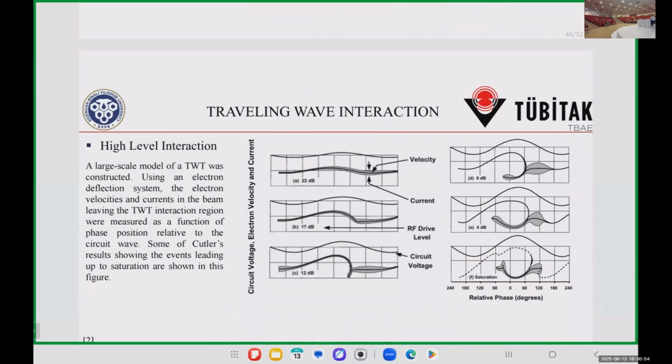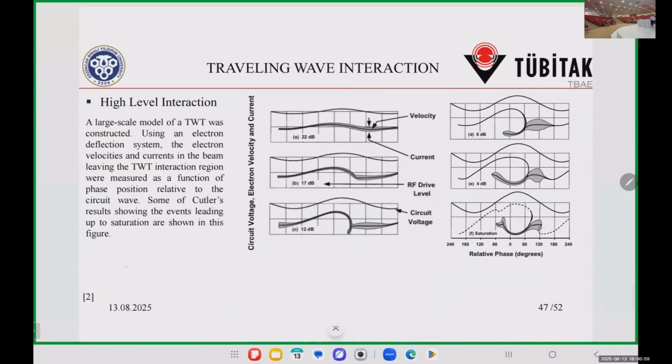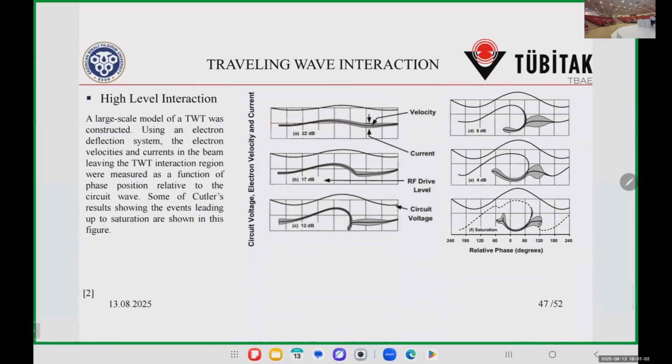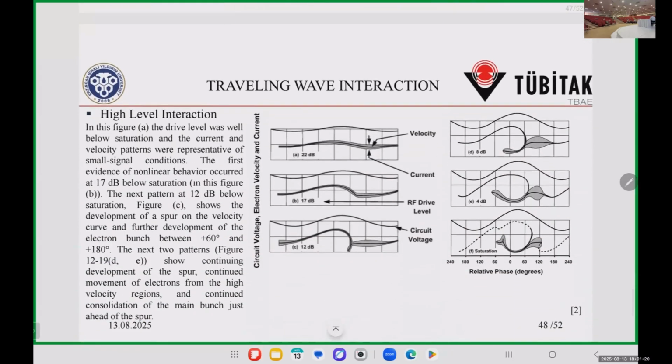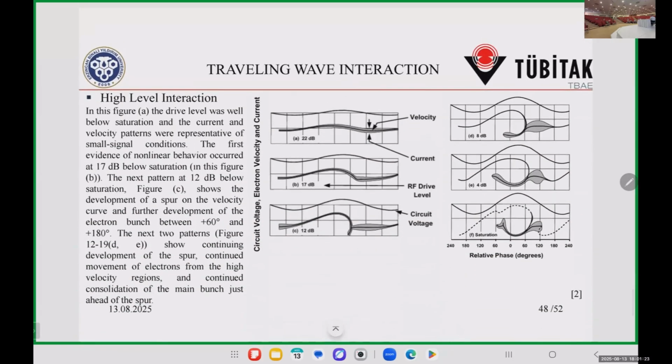So in this figure, we can describe saturation here. A large-scale model of a TWT was constructed. Using an electron deflection system, the electron velocities and currents in the beam leaving the TWT interaction region were measured as a function of phase position. So the x-axis is the phase position, and in this figure A, the drive level was well below saturation, and the current and velocity patterns were representative of small signal conditions.